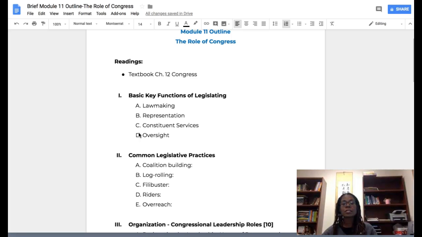So if the government has subcontracted with a specific agency, or if there's a private corporation, but the implications of their work impacts our nation on a grand scale, then the legislature has the authority to engage in oversight.